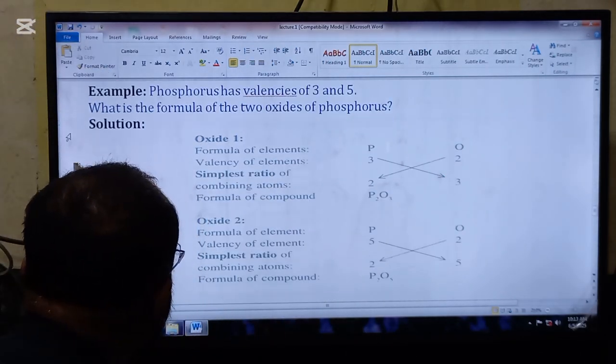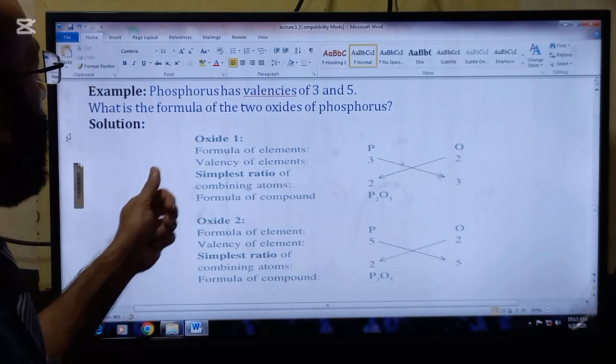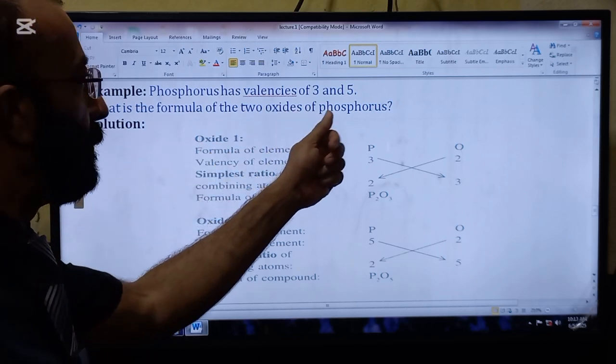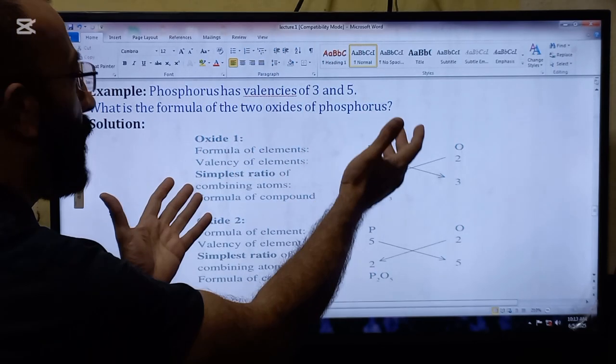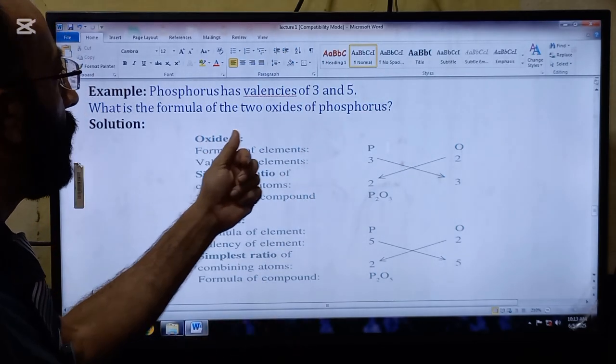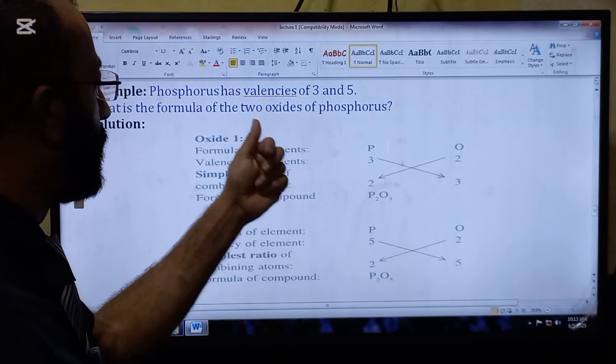Another question is here. Phosphorus has valencies 3 and 5. What is the formula of the two oxides of phosphorus?